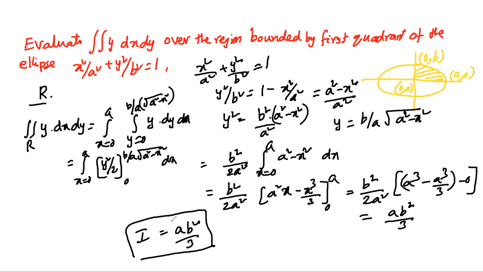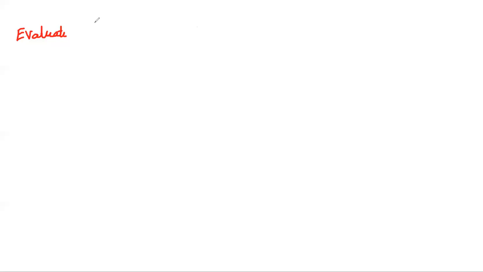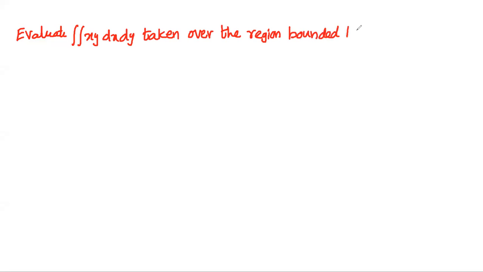This kind, can you try once? Yes. We can see this question. Evaluate the double integral xy dx dy taken over the region bounded by x square by a square plus y square by b square is equal to 1 and x by a plus y by b is equal to 1.